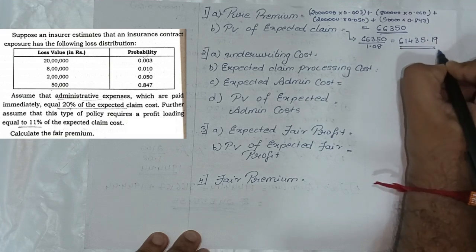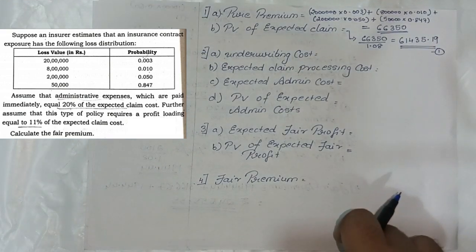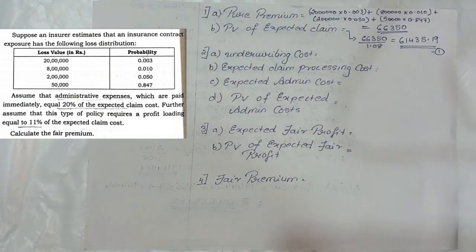We will take it as 61,435.19, our first value. Now underwriting cost. In the question they haven't provided any underwriting cost, neither have they given the admin cost directly, but they have given an adjustment stating that administrative expenses, which are paid immediately, equal 20% of the expected claim cost.